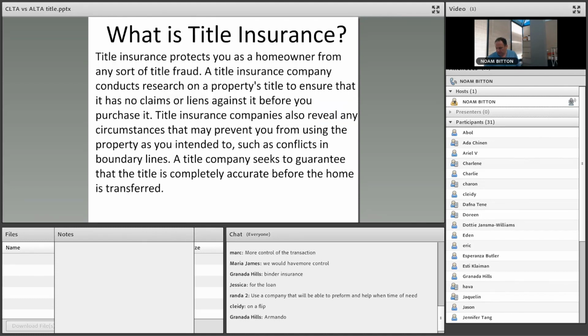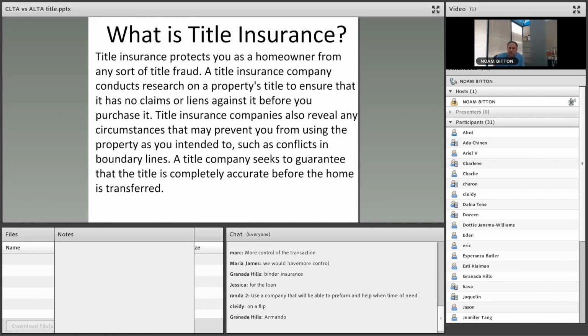So first of all, let's talk about what is a title insurance. Let's understand what is a title insurance. Basically, a title insurance is insurance.